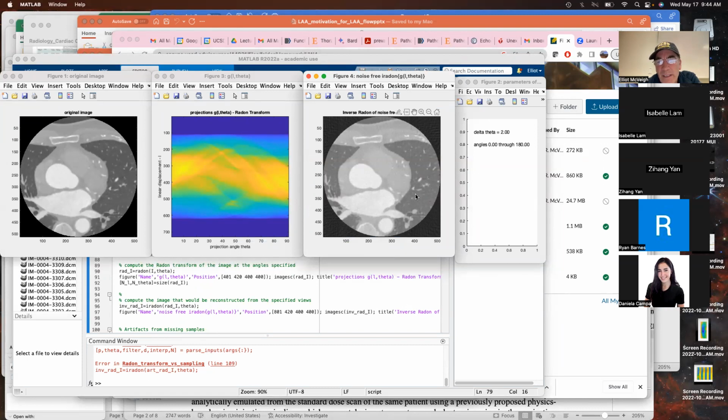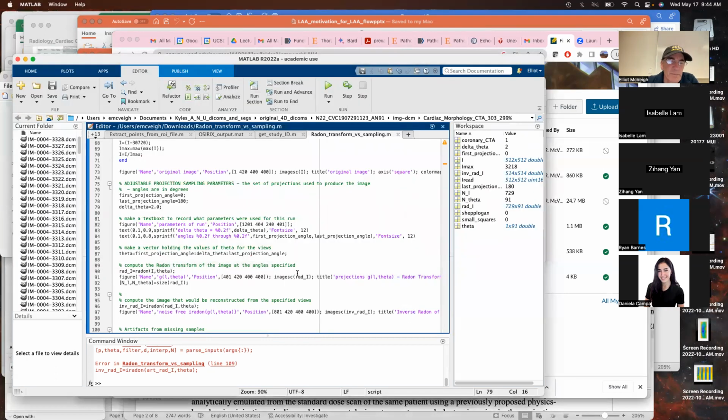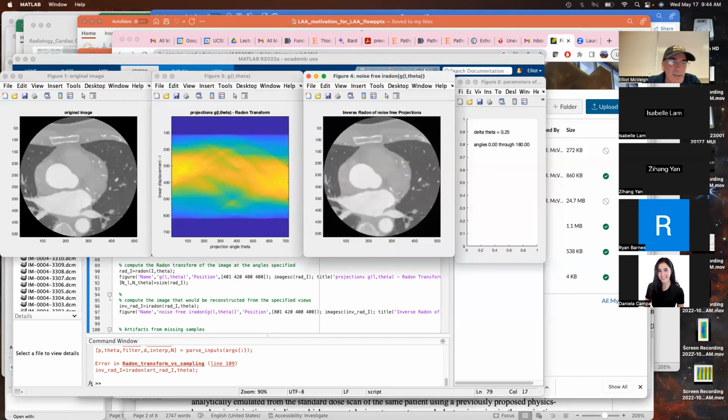If the original data itself had a lot more noise on it, then these streaks probably would also amplify that noise. And what happens if we go to 0.25? I don't know if it'll run. This takes a long time now. Yeah. And now if you take the difference between these two, there probably isn't much of a difference anymore.